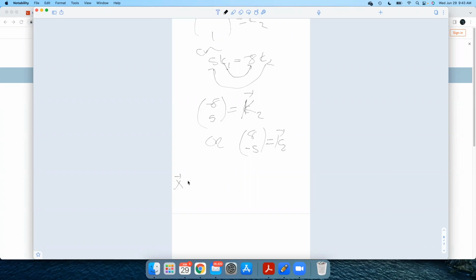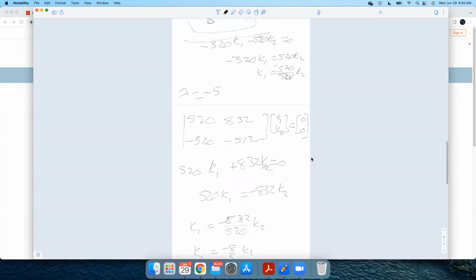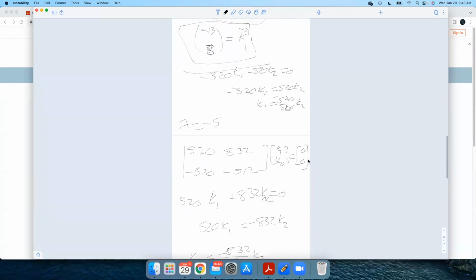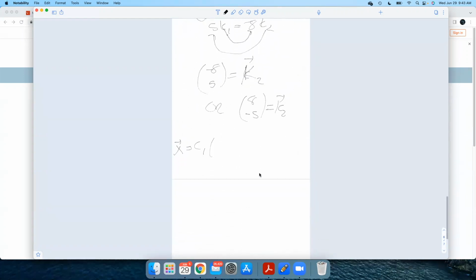The vector x is C1 K1 negative 13, 8 times e to his eigenvalue t plus C2 K2 8 negative 5 e to his eigenvalue t.